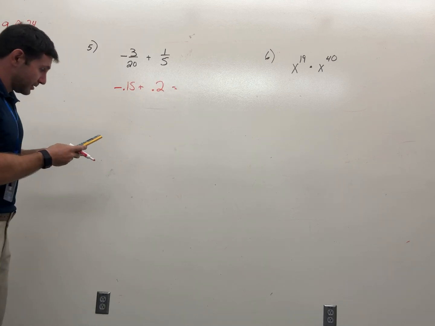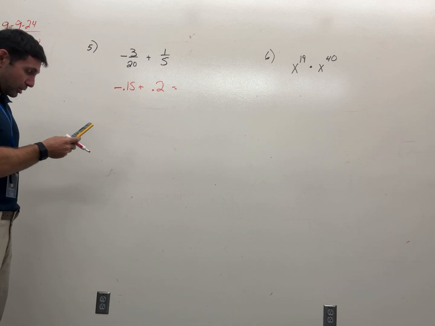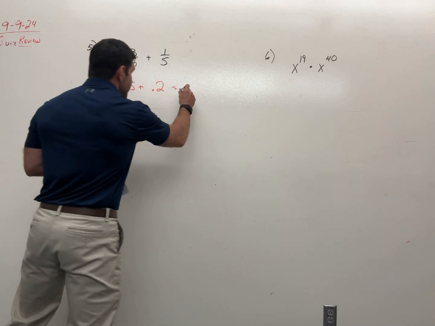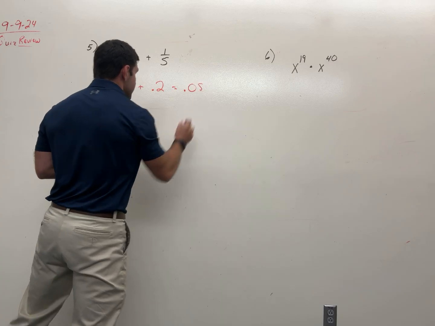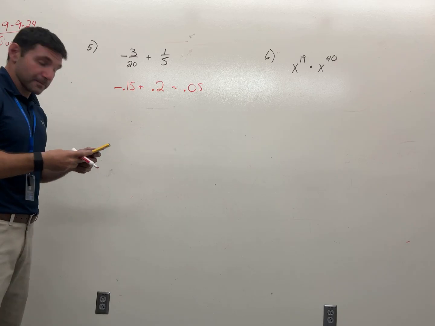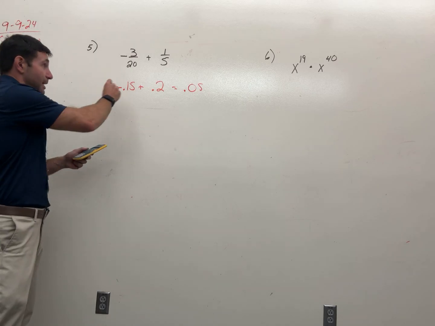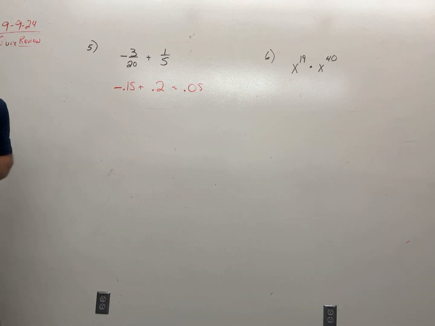-15/100 plus 2/10 gives me 5/100. Wait, what happened to the negative? When I add those, it gives me a positive 5/100. -0.15 plus 0.2.